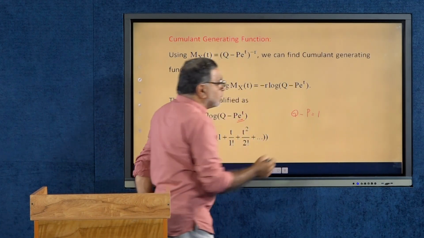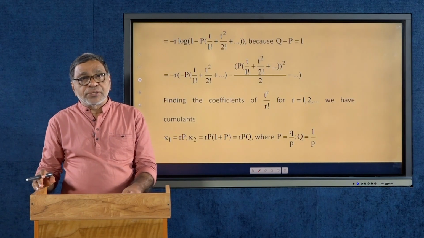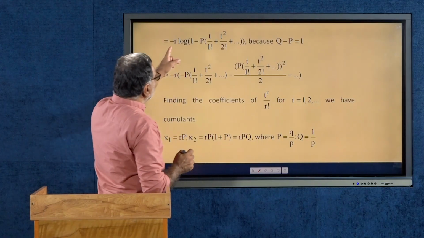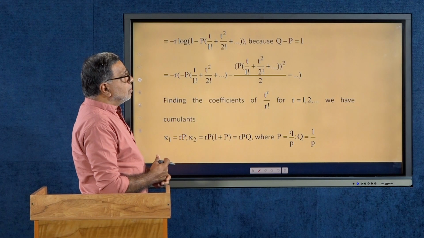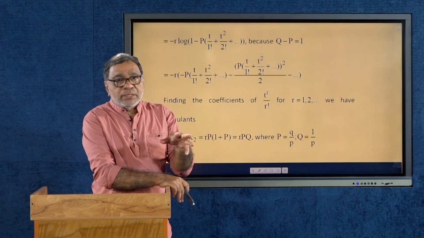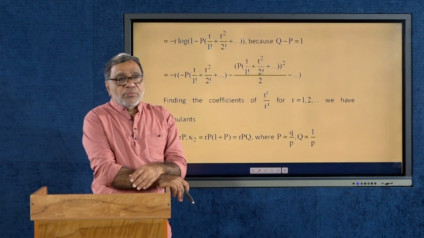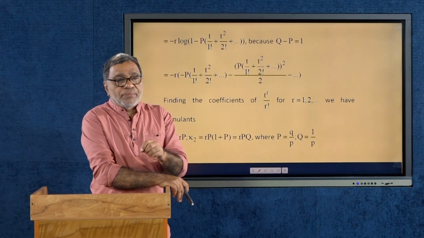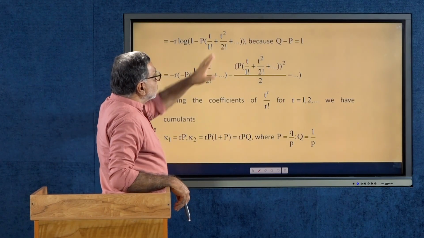So based on that relationship between Q and P, this expression reduces to minus r logarithm of 1 minus P into (t divided by 1 factorial plus t square divided by 2 factorial plus etc.), because Q minus P is equal to 1. So the cumulant generative function of the negative binomial distribution in terms of capital P and capital Q is this expression.